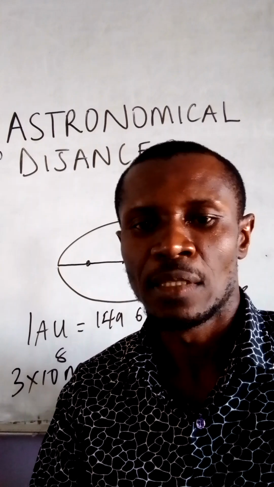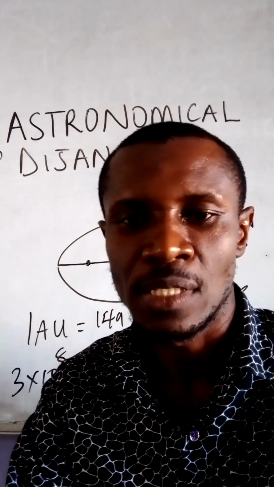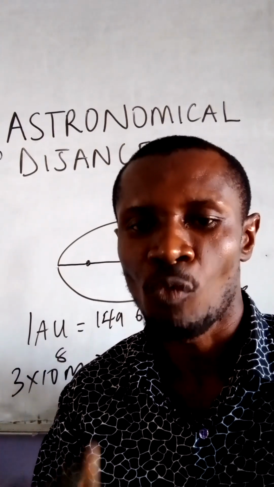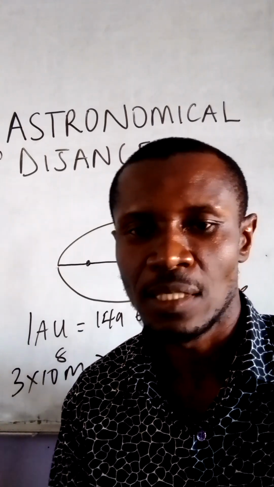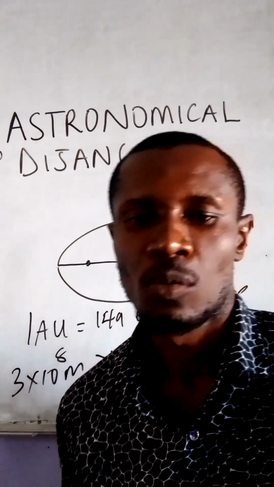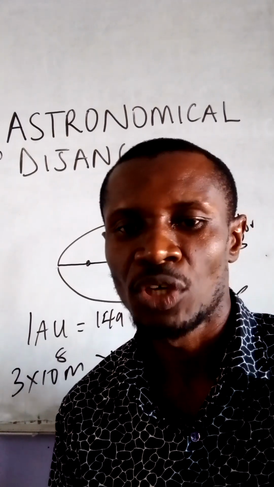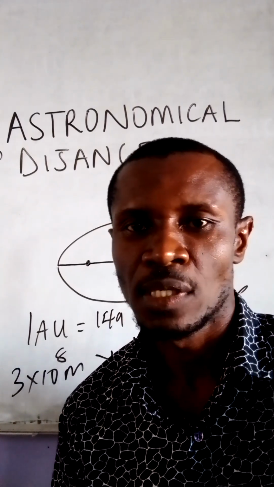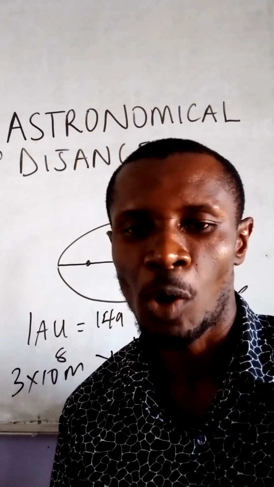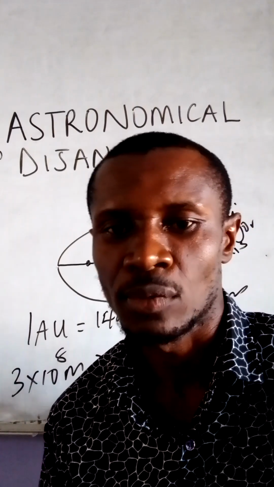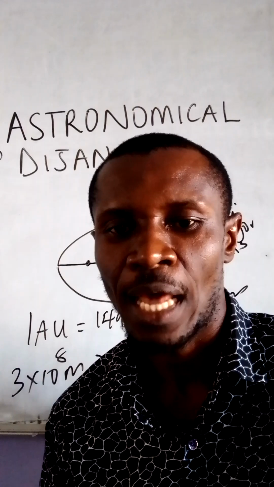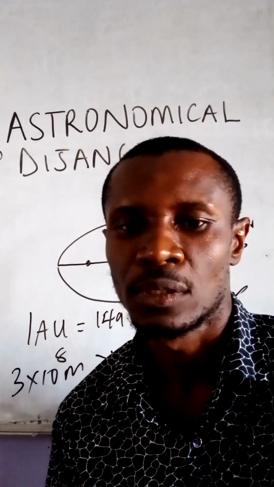So if a distance of 1 astronomical unit subtends an angle of 1 arcsecond, that distance is what we call the parsec. So parsec is actually measured from the sun. It is the distance of an object from the sun which subtends an angle of 1 arcsecond.